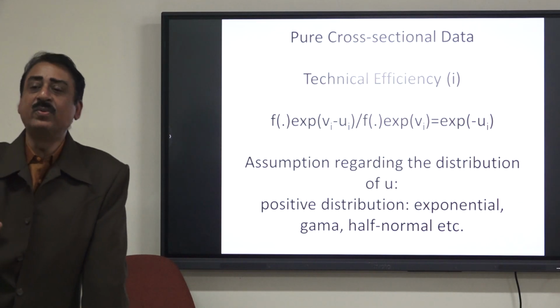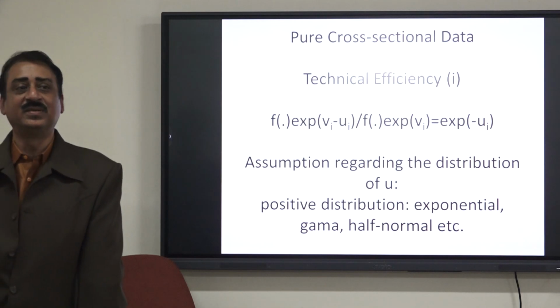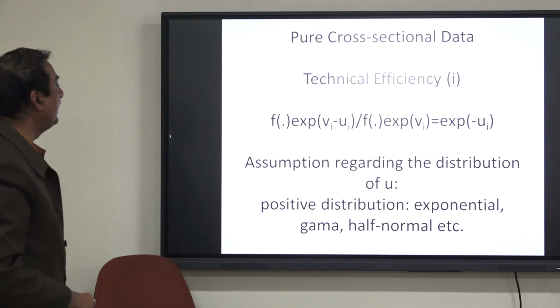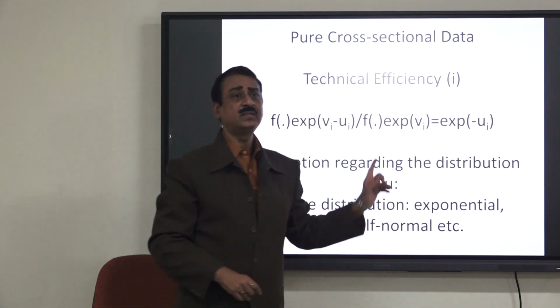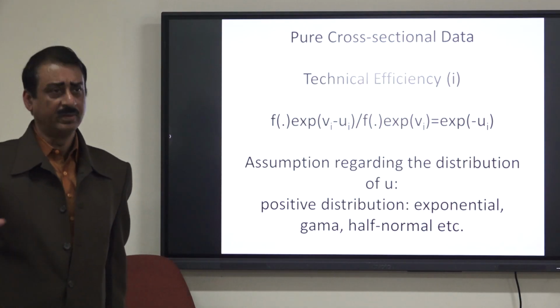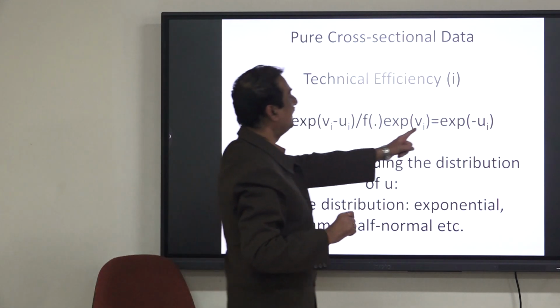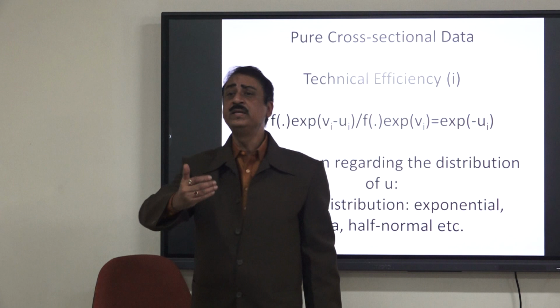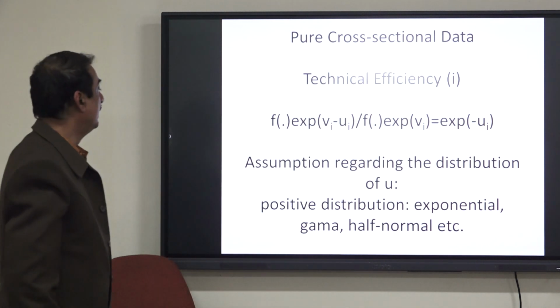And that is the reason why your efficiency is 70% and my efficiency is 60%. That is what we are denoting in terms of U. V is nothing but the random error, which will always be present in any econometric exercise. But U is representing why your efficiency is 70% and mine is 60%.